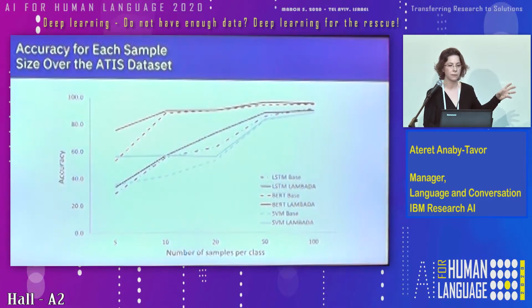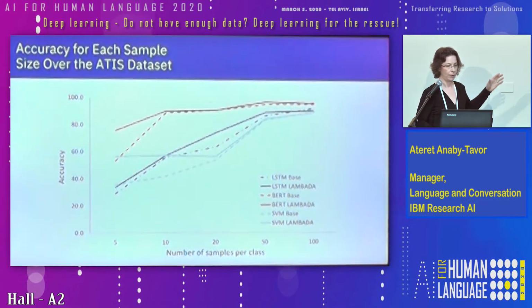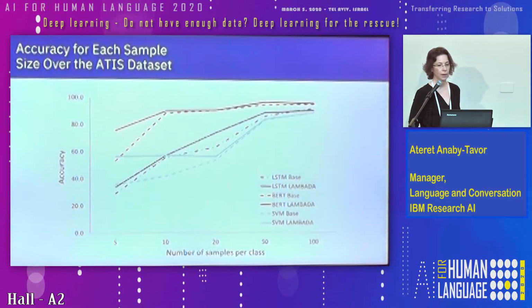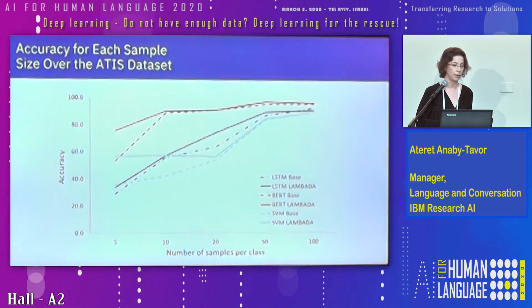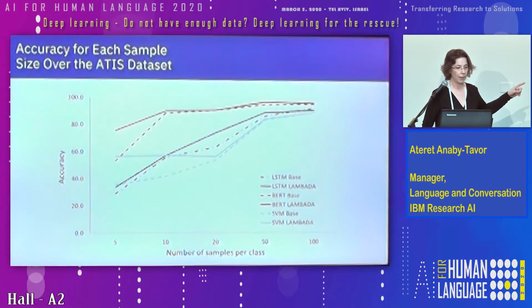Here are some of the results. You can see here the comparison of the Lambda approach with the baseline, and the data set here is ATIS. We'll see the other data sets in a minute. I hope we'll have time. So what we did here, we took the base classifier. Remember, we have three different classifiers and a seed data set.